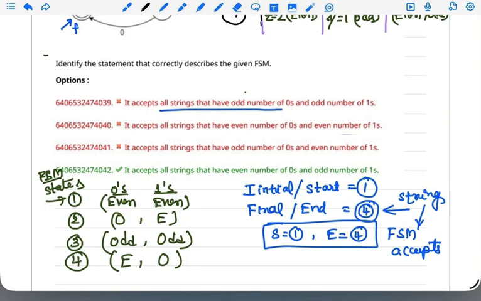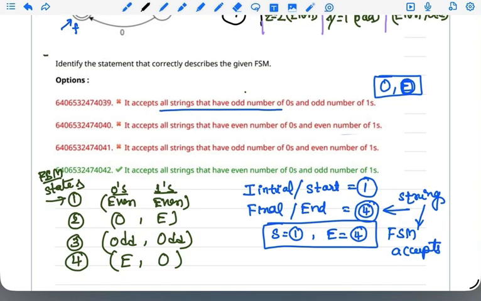So odd number of zeros, O, and even number of ones, right? This one accepts all the strings that have an odd number of zeros and an odd number of ones. Both are odd. This option is wrong.